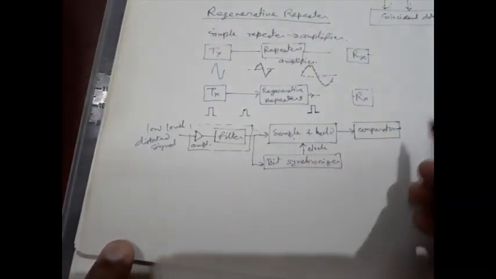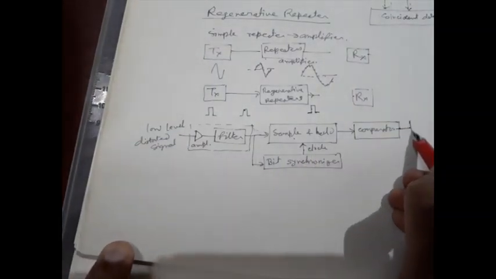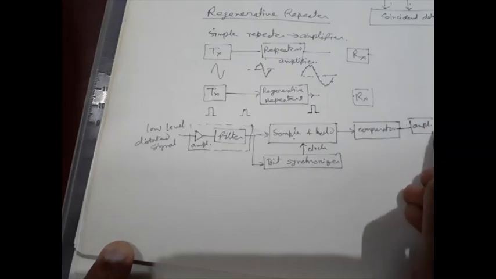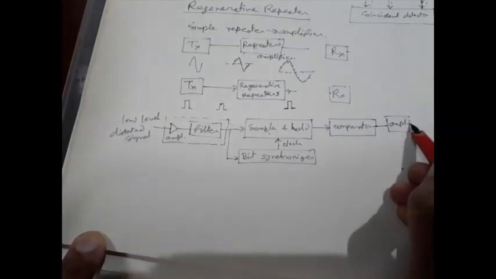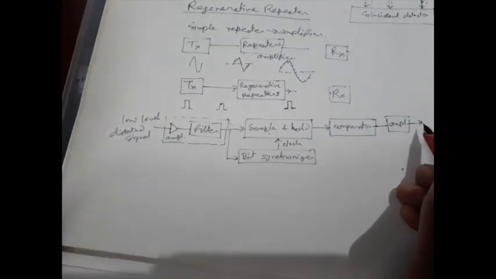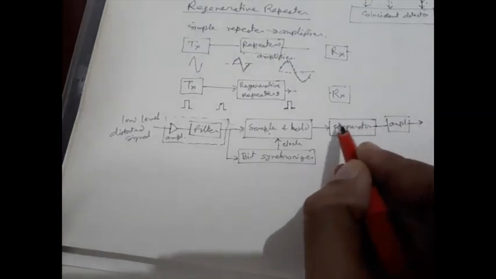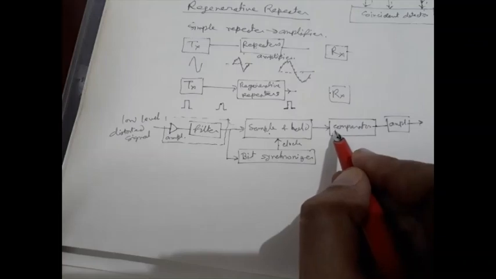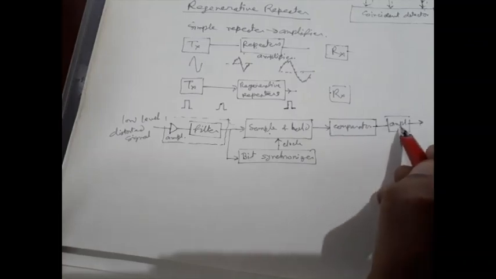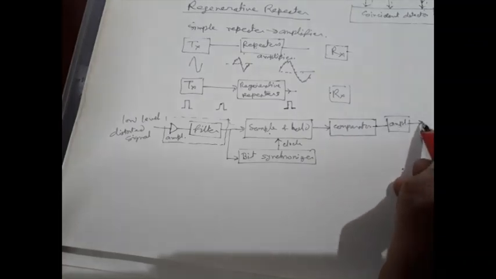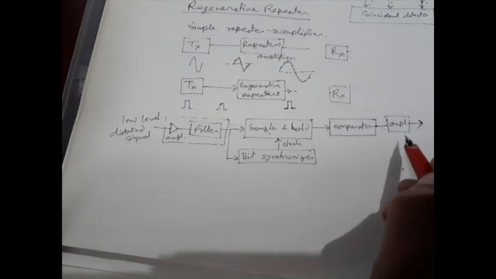Next we have an amplifier, and it will transmit it. So the comparator regenerates the original pulse and reshapes it. The amplifier amplifies that pulse and transmits it to the next regenerative repeater or the receiver.